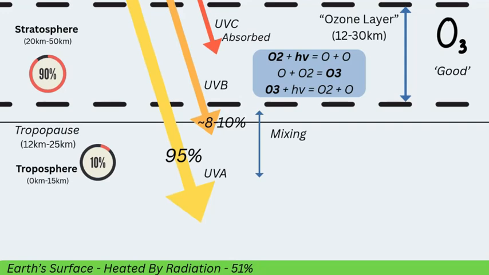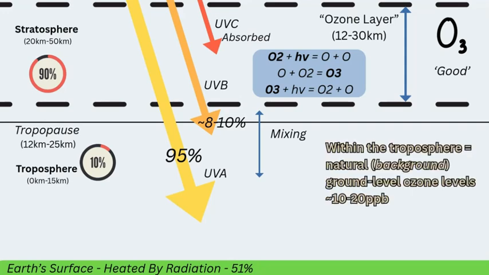Now, the radiation that does pass through the stratosphere and the ozone layer is responsible for forming the tropospheric ozone or ground level ozone. Now, there is a small amount in the atmosphere whereby ground level ozone is naturally occurring. You do get natural amounts of air molecules and compounds that are going to break apart, like CO2, SO2.